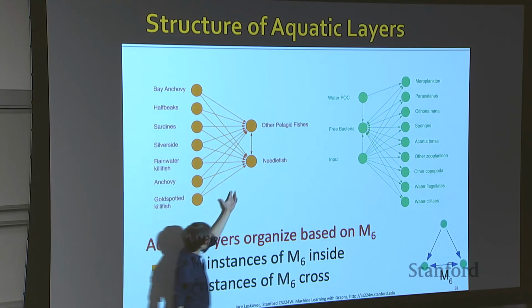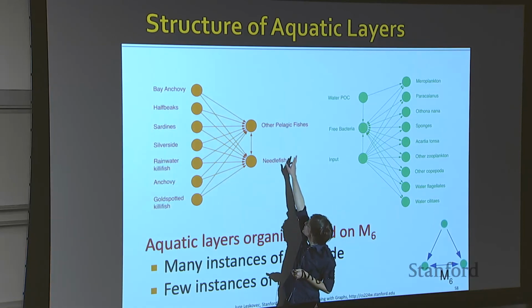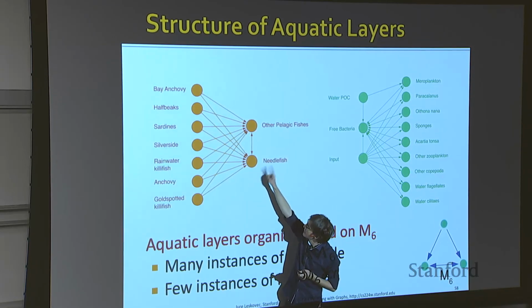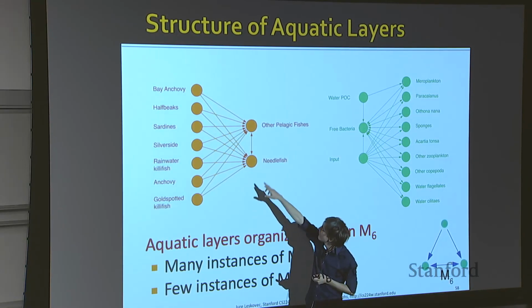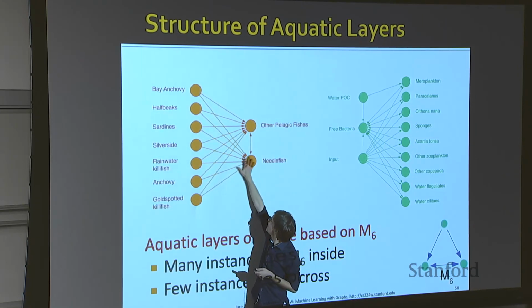And notice how these are just instances of this motif, right? So for example, needlefish and some other fishes are preying on each other, and they have all these other common food sources. Here they are, both of them prey on them.